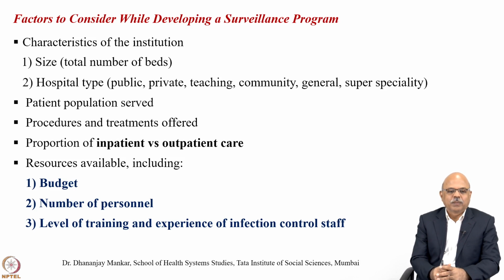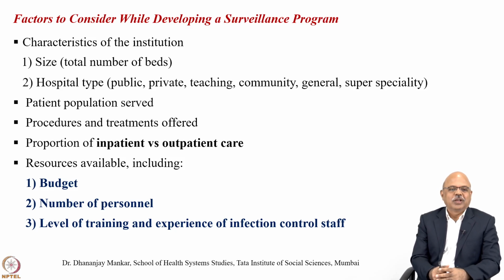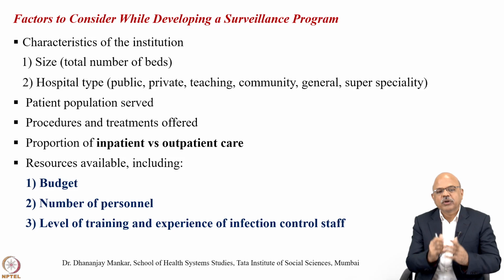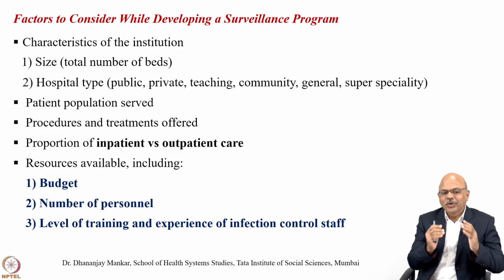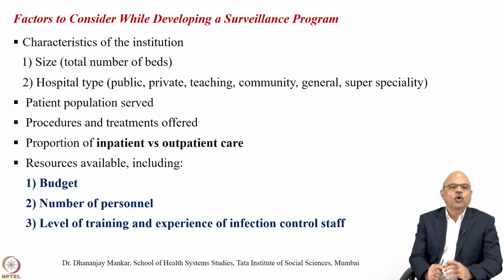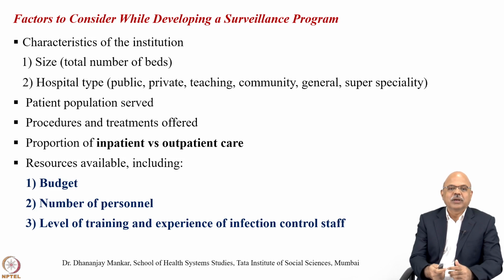What are the procedures and treatments offered there? What is the proportion of inpatient versus outpatient care? What are the resources available, including the budget, the number of personnel in the institution, and the level of training and experience of infection control staff? These make it clearer what factors we are really dealing with in developing a surveillance program.